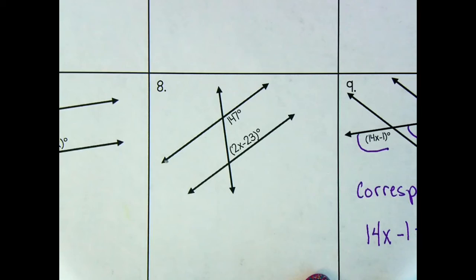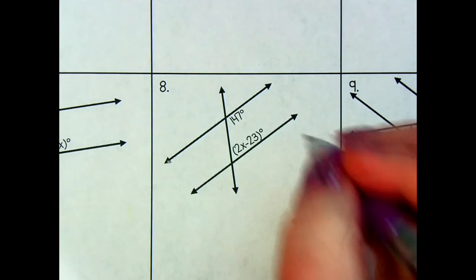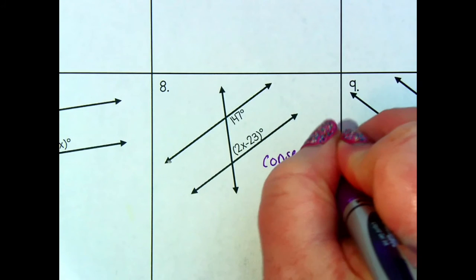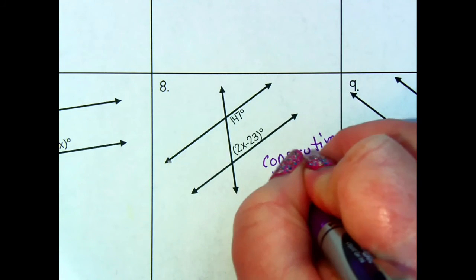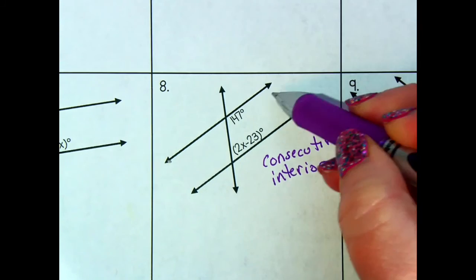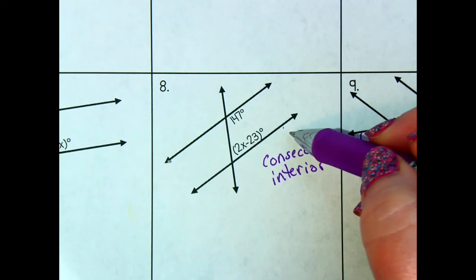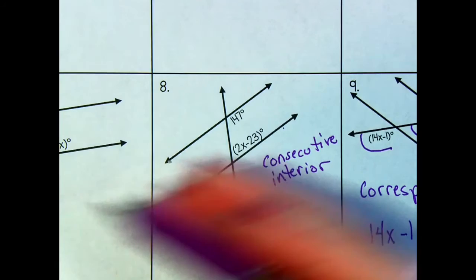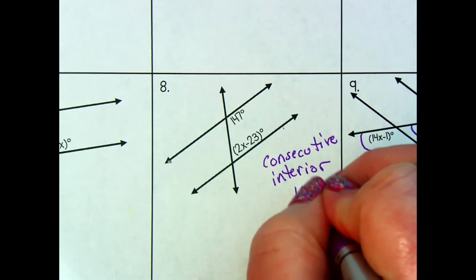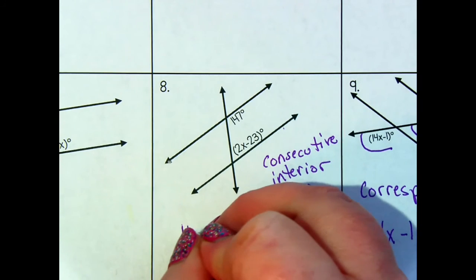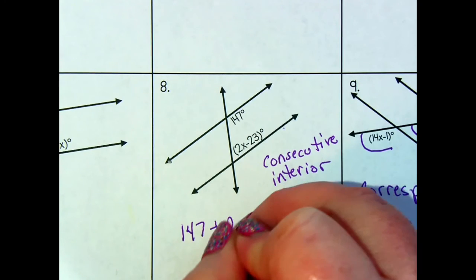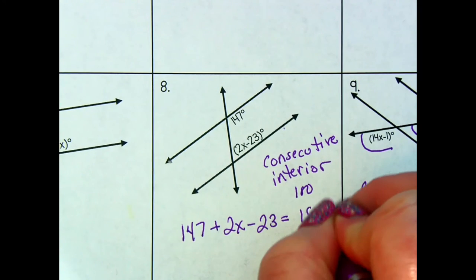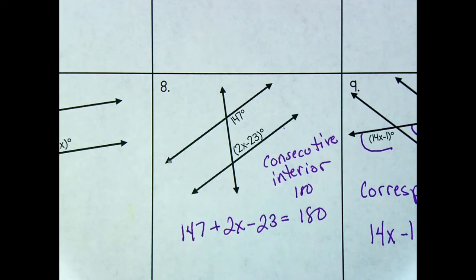This example shows that these are consecutive interior because they are between the two parallel lines and they go one after the other. Consecutive interior angles add up to 180 degrees, so it would be 147 plus 2x minus 23 is equal to 180. And again, you would use your algebra skills to solve this problem.